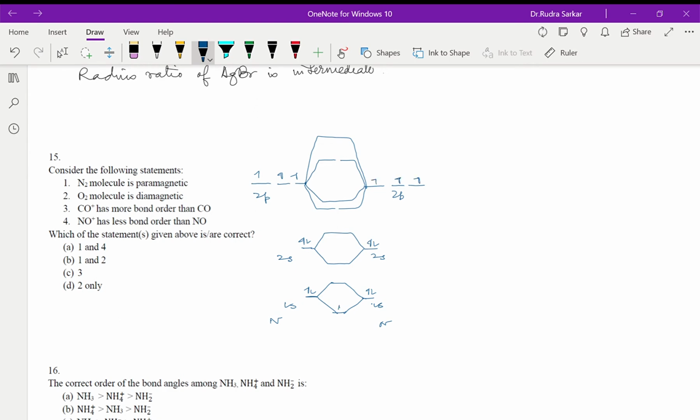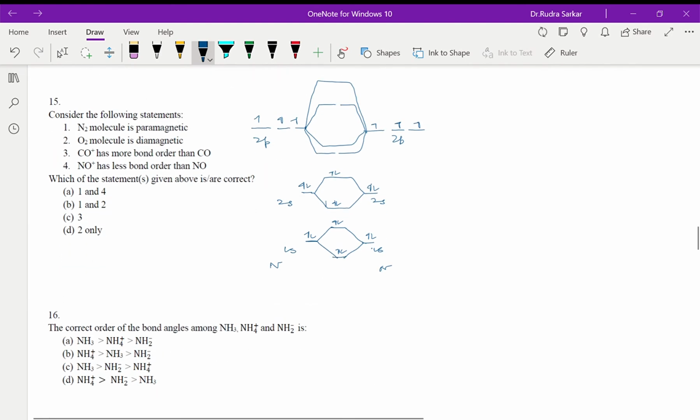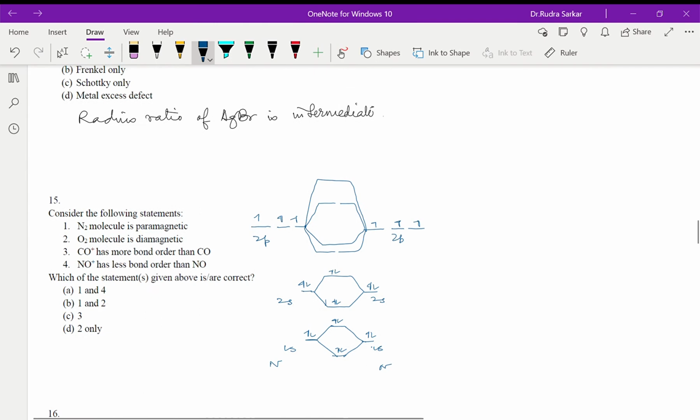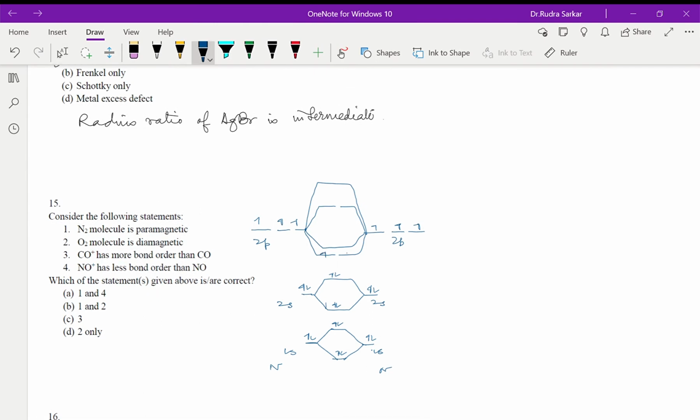Fill up the electrons, 14 in total: 1, 2, 3, ... up to 14. So it is obviously diamagnetic. N2 is diamagnetic, so obviously the statement is wrong.